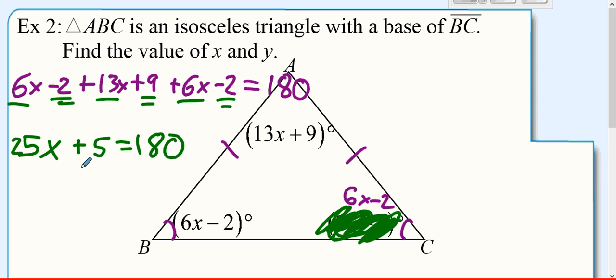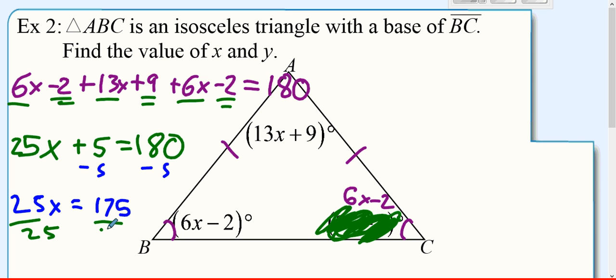And to finish it off, we're going to subtract the 5. Divide by 25. X is 7. So we found the value of x. X is 7.